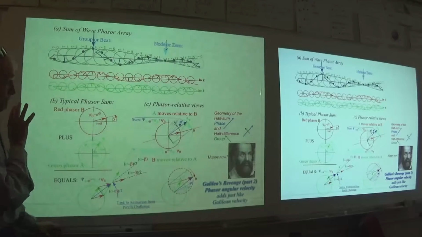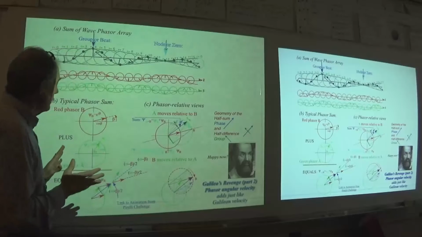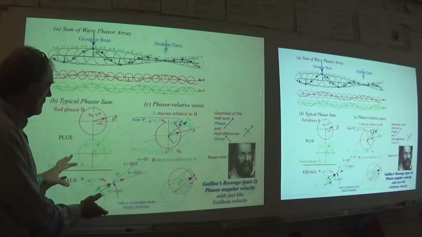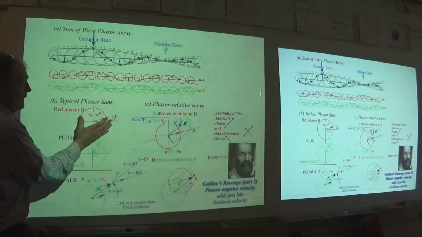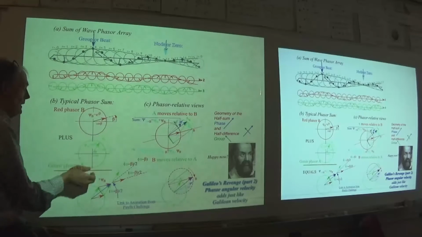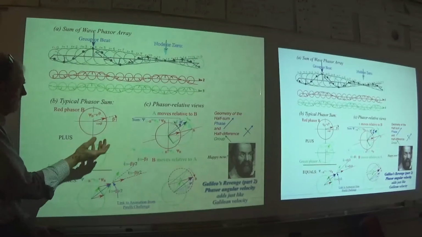So, what I want you to realize is that when we ask what's going on with two phasors, one of them, say, a slow speed of red, infrared, and then I got green here with 600 terahertz, it's only 300, or something like that.